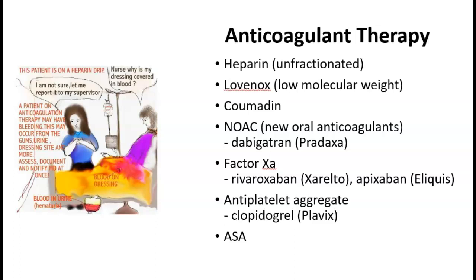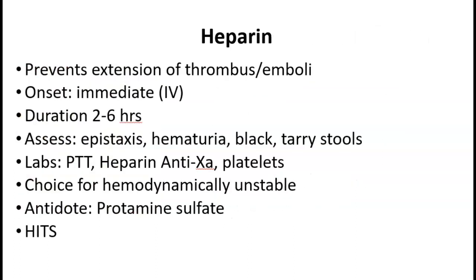I still keep the old terminology because you might see a doctor talk about the NOACs. But aspirin and Plavix are not total anticoagulants. What they are is antiplatelet aggregators. But they can lead to bleeding because it keeps your platelets from sticking together. So those are the meds. They are kind of must-know meds. So let's talk about heparin.